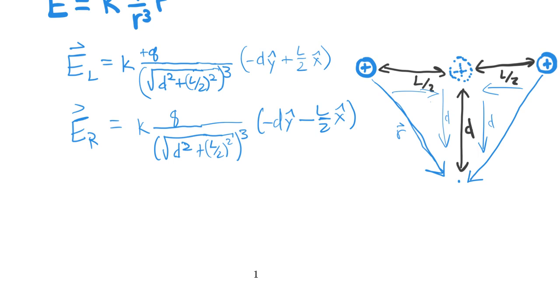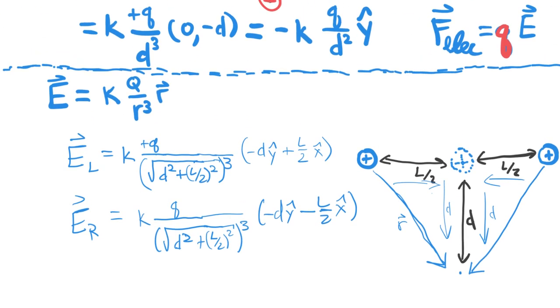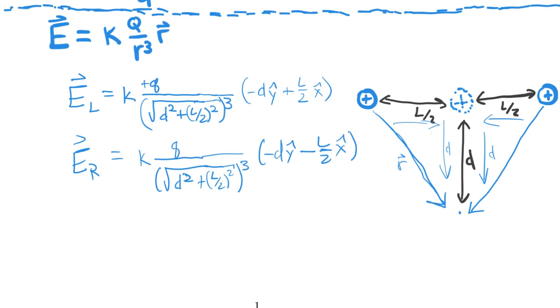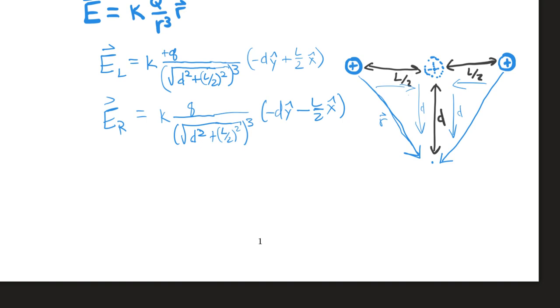And now we have the electric field at this point from the right charge, the electric field from the left charge, and also the electric field from that center charge, and we just need to add them together to get the electric field at that point. Can't be too tough. So E total is going to be equal to, let's see what all of these have in common.